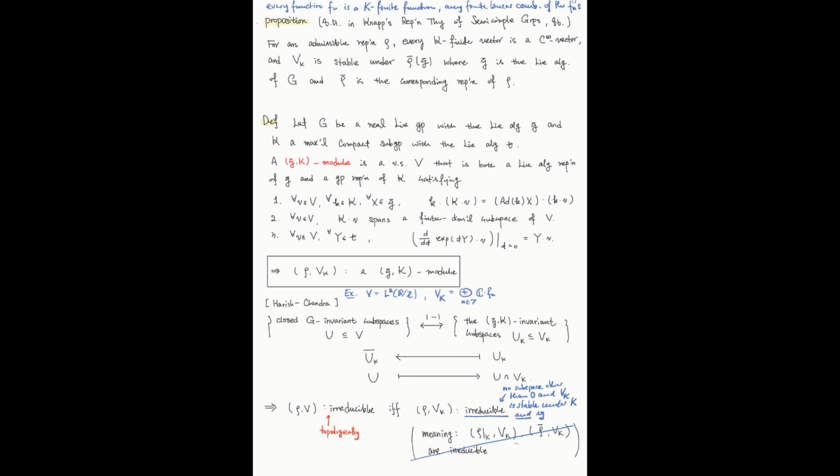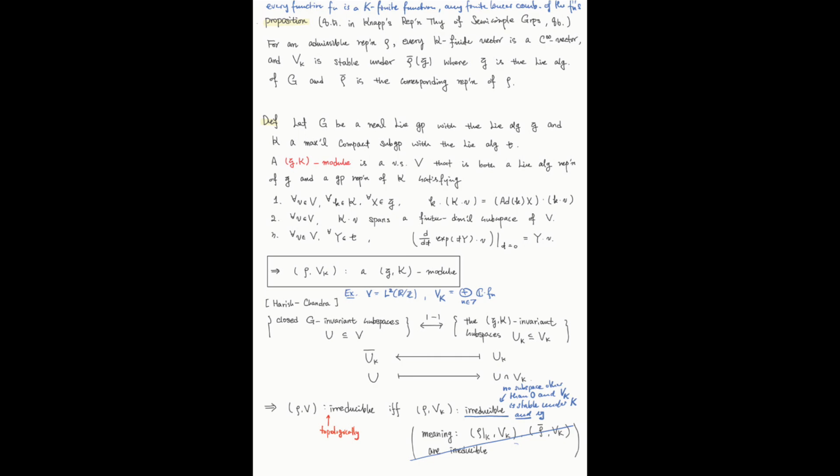So as a representation of the group K itself, this is almost never irreducible, and this is also most of the time not. It could be irreducible, but it could also not be. So what is meant when we say this GK module is irreducible? We mean as a GK module: there is no subspace other than the zero space and the whole space which is stable under the action of the Lie algebra and under the action of K.